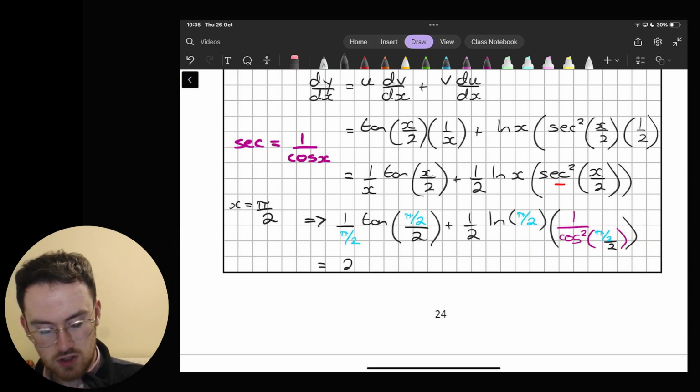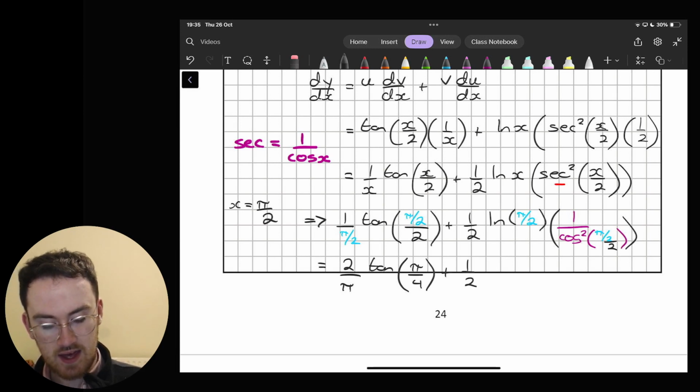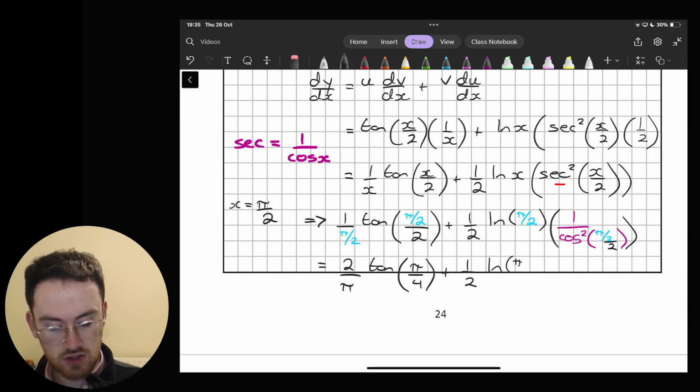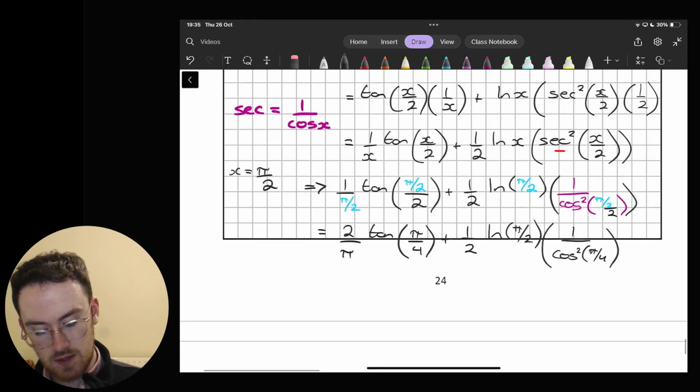So here I'm getting 2 over pi tan pi over 2 divided by 2 gives me pi over 4 plus a half ln of pi over 2, so it's just going to stay as ln of pi over 2, 1 over cos squared, and again pi over 4.